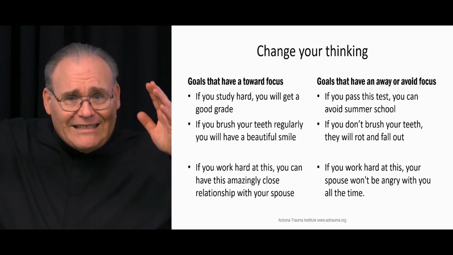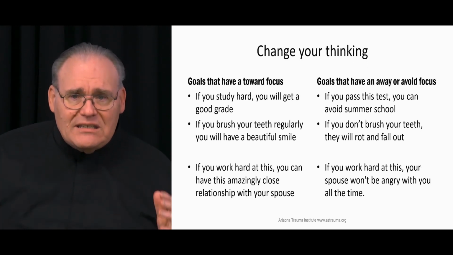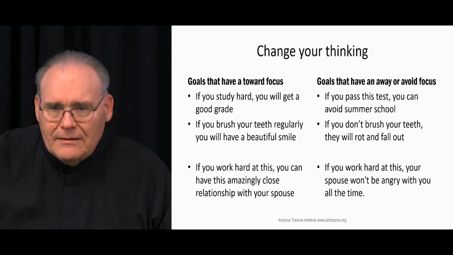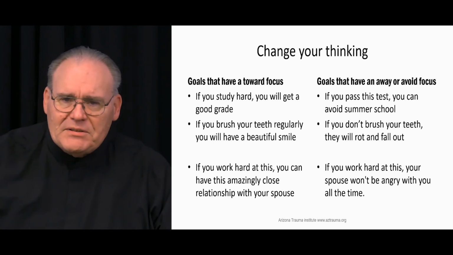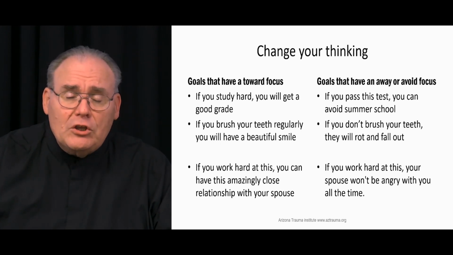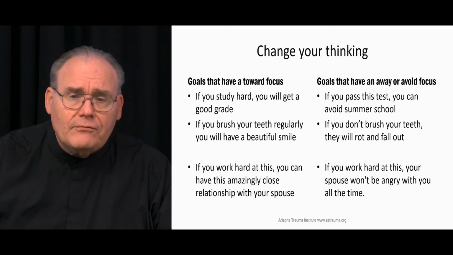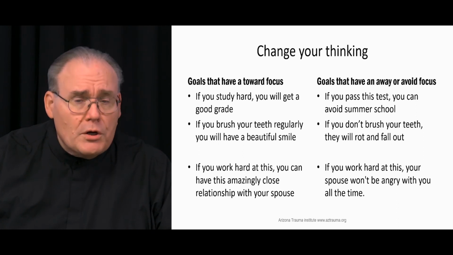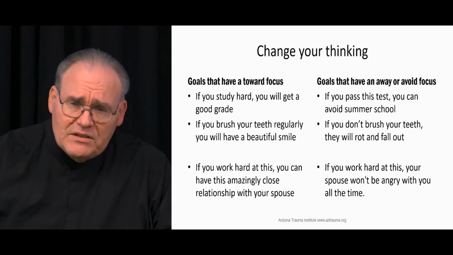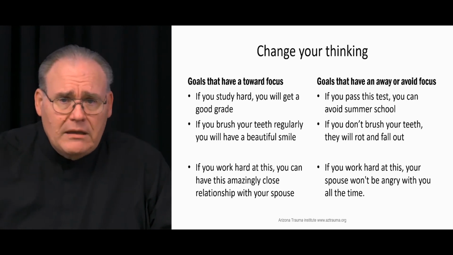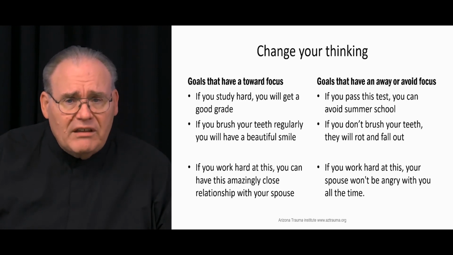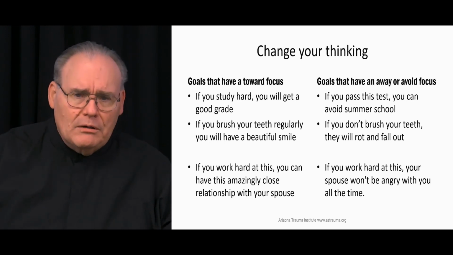If you pass this class or this test, you can avoid that horrible summer school. And people say, well, that's not very positive. That's because your bias is towards moving toward or against. And the client, the student, your coworker may not be motivated that way. Just because they don't motivate like you motivate does not make them wrong or broken.